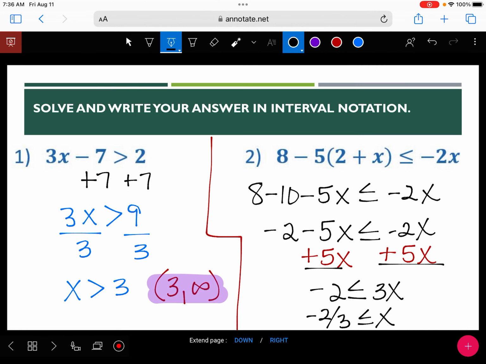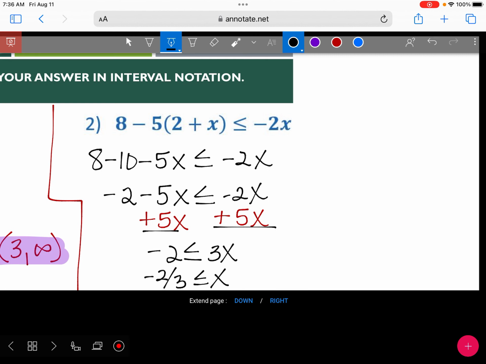Okay, so I got a fraction. So the way this is written, if you read it left to right, it says negative 2/3 is less than or equal to x, which can be a little confusing. So whenever I have an inequality, I'm just going to rewrite it and flip everything.